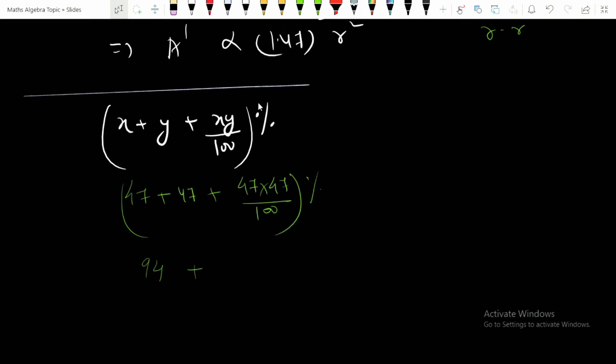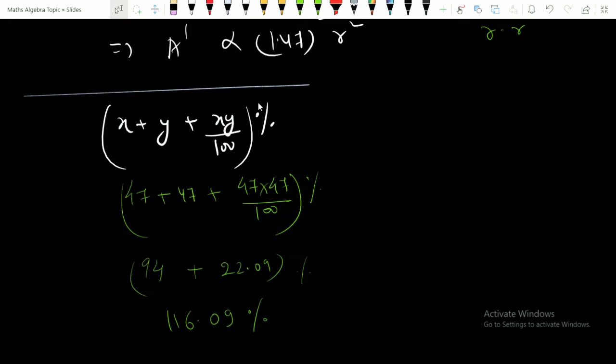You have to do 47 square. It will be 2209. So after dividing by 100, it will be 22.09. So after adding, you will get 116.09.